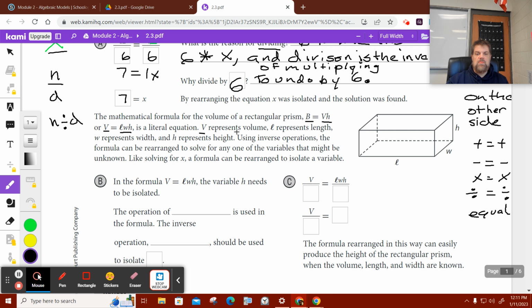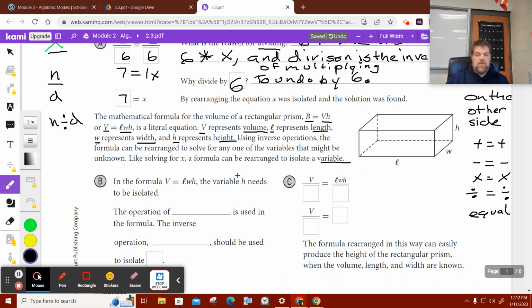So capital V represents the volume, L represents the length, W represents the width, and H represents the height. Using inverse operations, the formula can be rearranged to solve for any one of these variables that might be unknown. Like solving for x, the formula can be rearranged to isolate a variable.